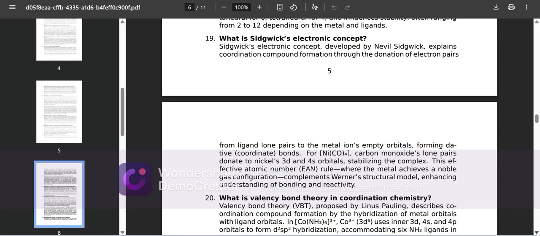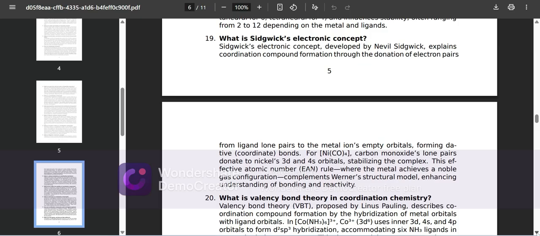What is the Sidgwick electronic concept? The Sidgwick electronic concept, developed by Nevil Sidgwick, explains coordination compounds as forming through the donation of electron pairs from ligands, lone pairs, to the metal ion's empty orbitals, forming coordinate bonds.